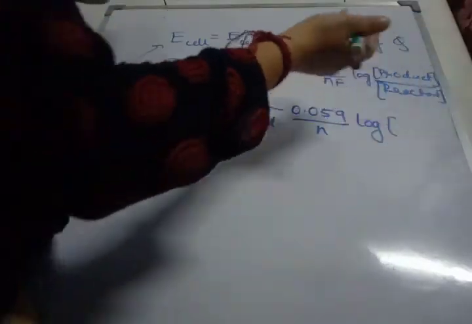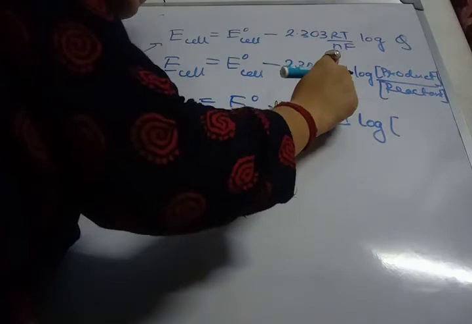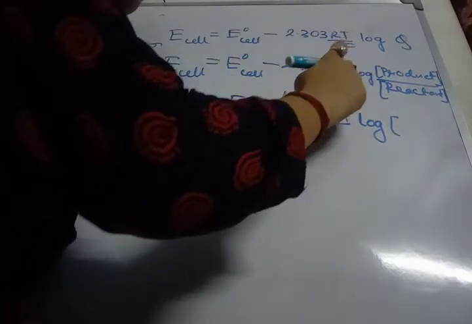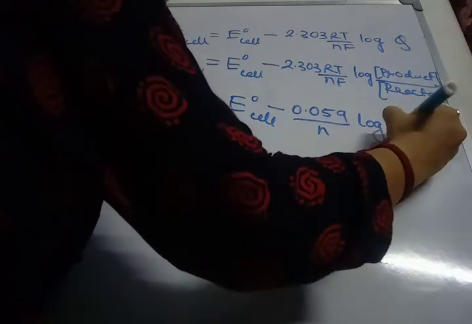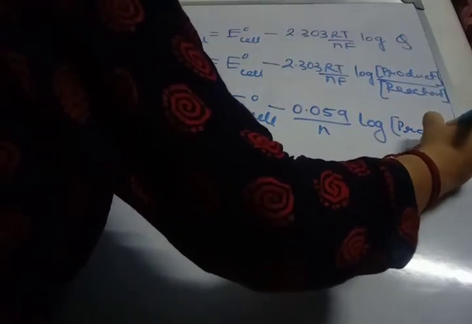Now T is the temperature in Kelvin. The standard temperature we take as 298 Kelvin, and F we know its value is 96500. So if we put all the values, we get the value 0.059 by n, right? Where n is the number of moles of electrons involved in the reaction.